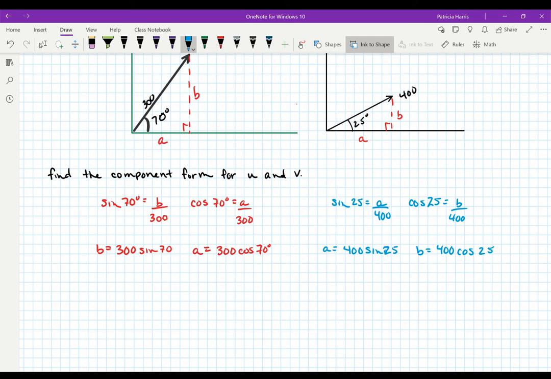Okay, so let's get out our calculators. Notice these are the exact same values that I got before, but we're not using the language of polar form.